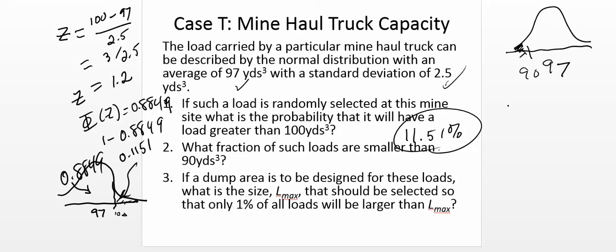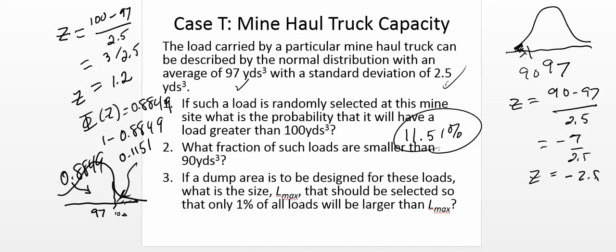For this case, I calculate a Z equal to 90 minus 97, divided by 2.5, which is minus 7 divided by 2.5, giving me a Z of minus 2.8. Now I need the phi of that Z.